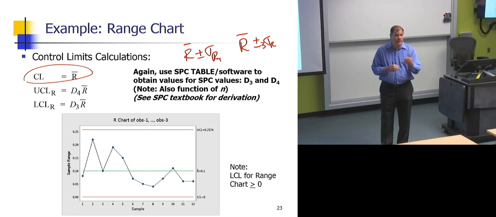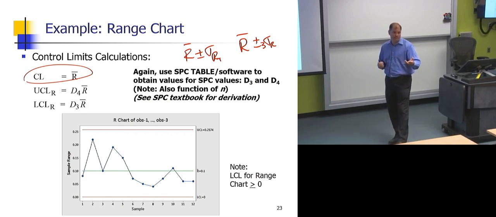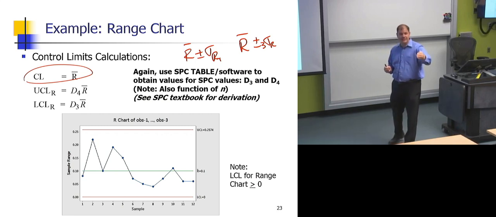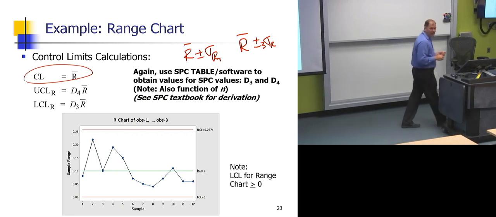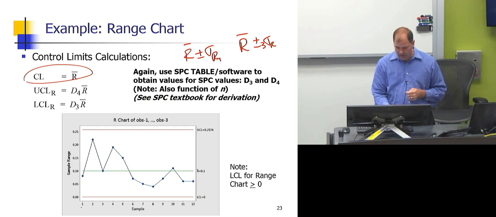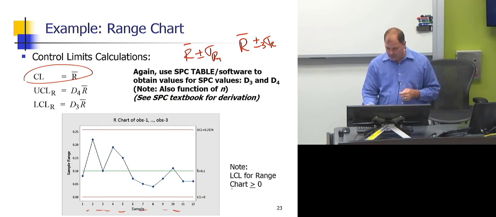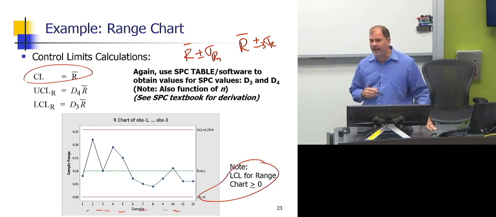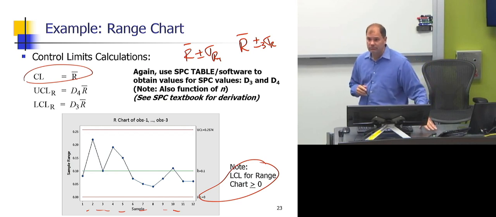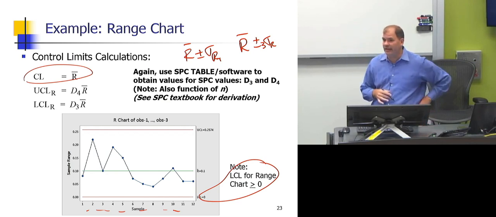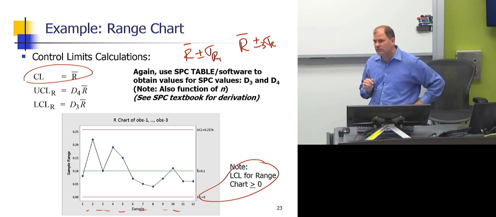What is it? Ranges can't be negative. Therefore, the software just sets it at equal to 0. Right? There's a physical limitation here. The reason why this chart is not symmetrical, it's not that I can't calculate some number down here. It's that I can't have negative ranges. If the software calculates a negative value, it just sets it as 0. I bring this up because it looks symmetrical, right? You may wonder why it doesn't look symmetrical. That's why.